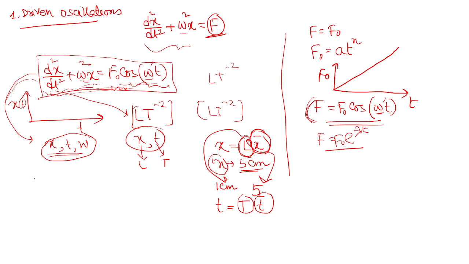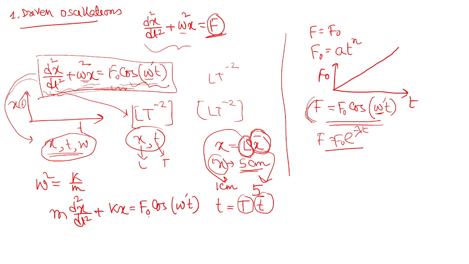So for this length scale analysis, what do we have to do? This omega squared we know is equal to k by m. So you can write down this equation as d²x/dt² plus kx equal to f0 cosine of omega prime t.